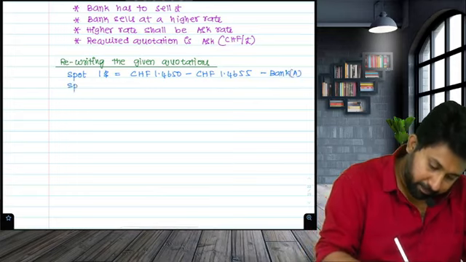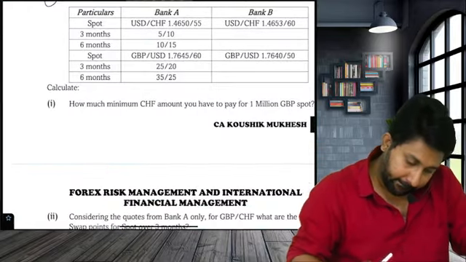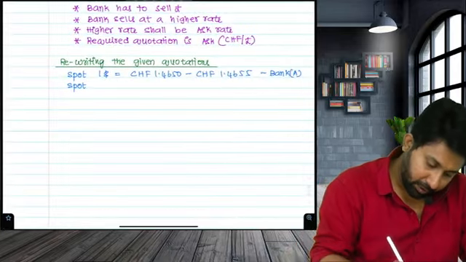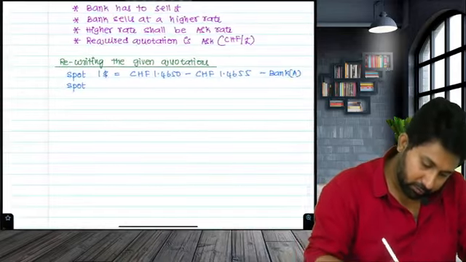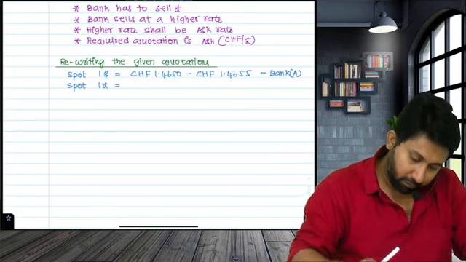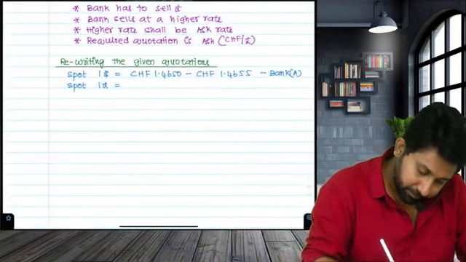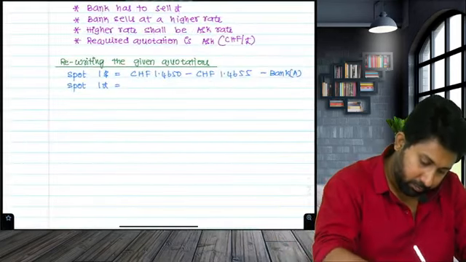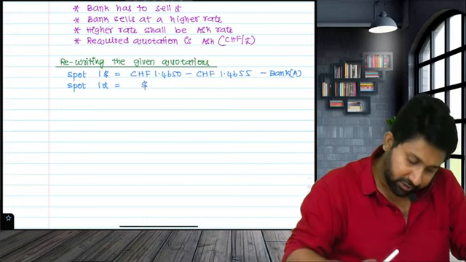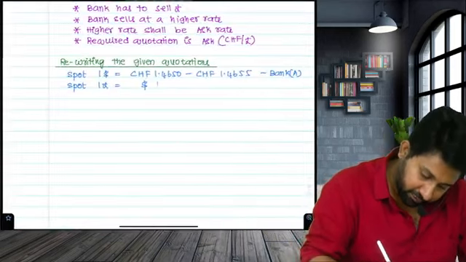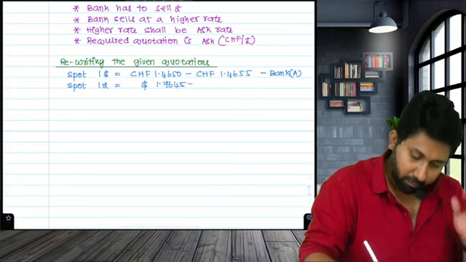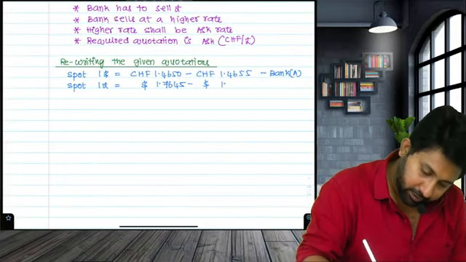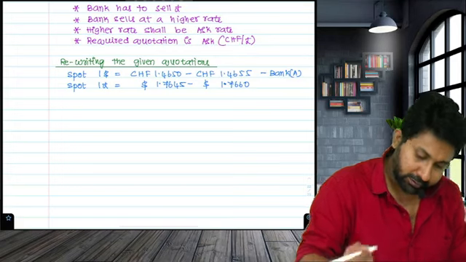Bank A. Okay. Spot, 1 pound equal to dollars 1.7645 dash dollars 1.7660.